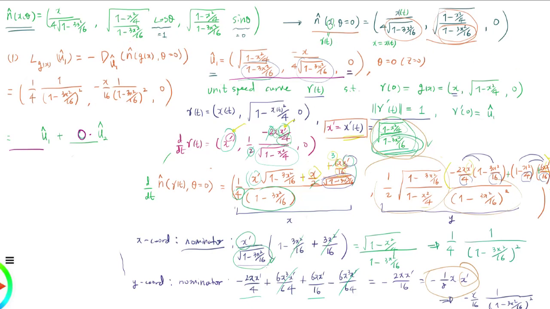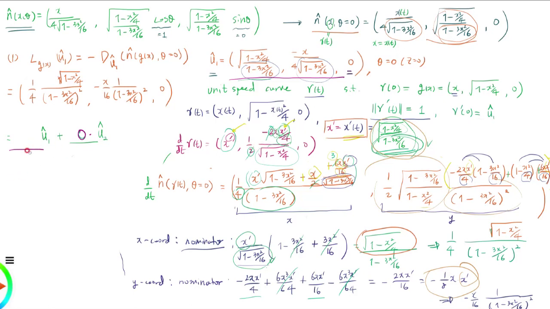I'm sorry, I missed one vector here. So what I have missed is this vector. This should not be cancelled out, so there must be a square root of 1 minus x squared over 4. So there should be a square root of 1 minus x squared over 4.